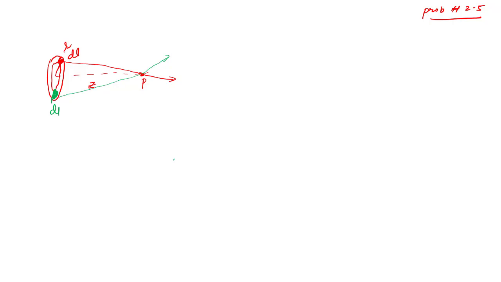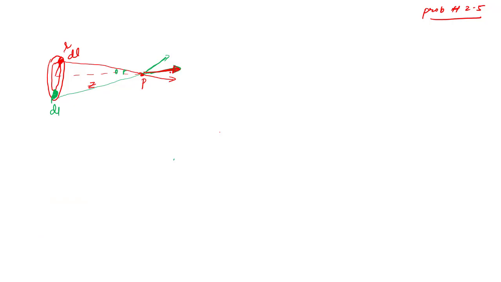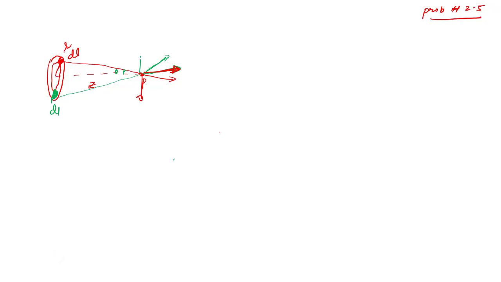If you call this theta, and this theta, then a component of the green and a component of the red survive, and the other components cancel out, because the red one is pointing down and the green one is pointing up.